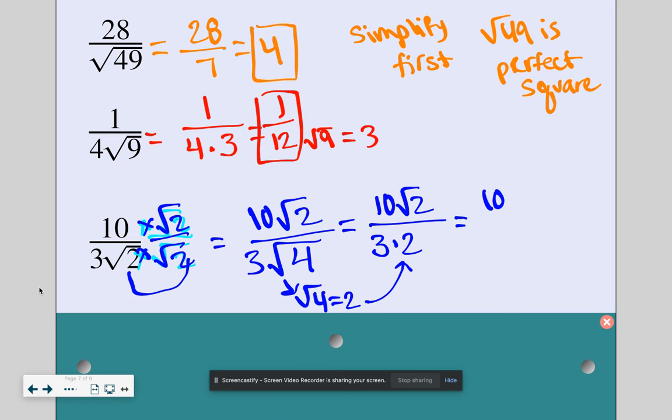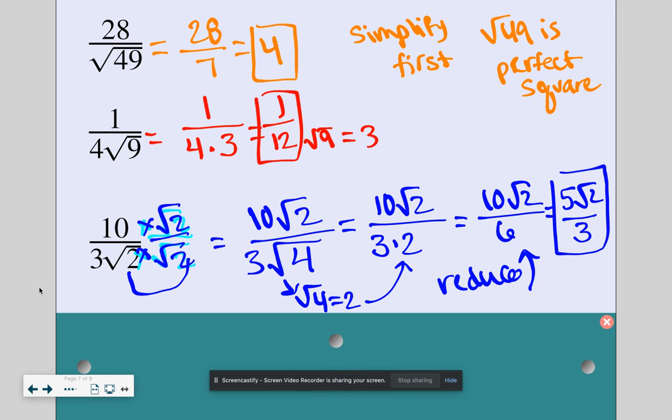So now we have 10 square roots of 2 over 6. Okay. Reduce. So 10 over 6, that reduces down to 5 over 3. So you have 5 square roots of 2 over 3. And that is your final answer.